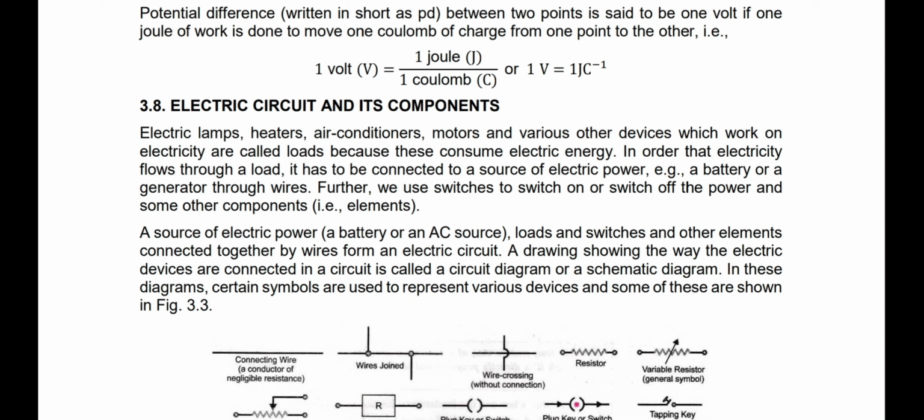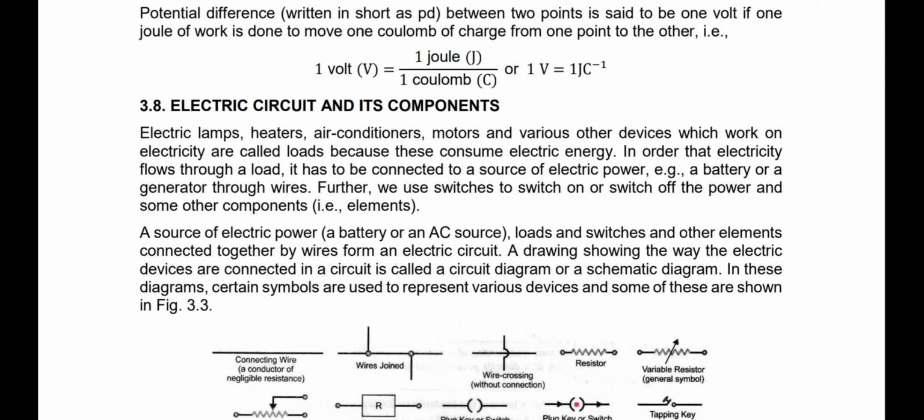If we have a fan or a bulb or a heater, connected by wires to a battery, a cell or a generator, only then can electric current pass through that particular device. Further, we use switches to switch on and switch off the power, and some other components.